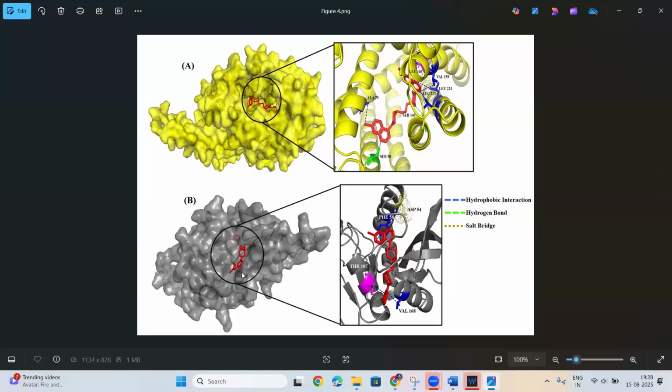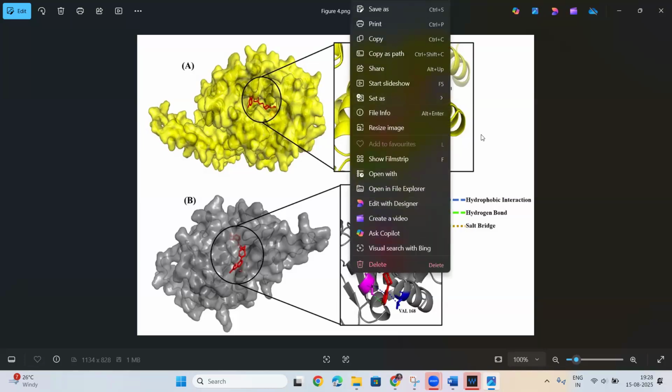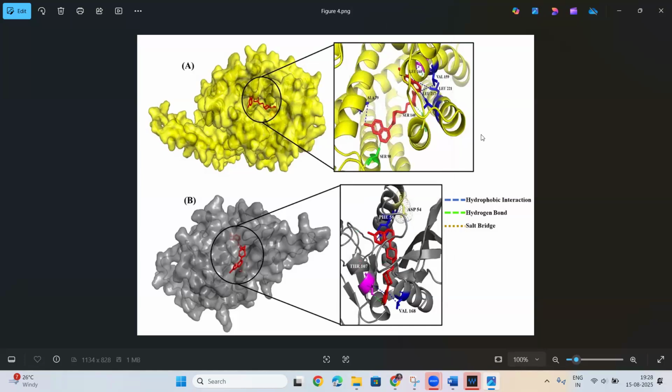But in your case, if your protein is the same and only the ligands are changing, you can follow this way. Yes, sir, I'll put this image in the group list. Yes, sir, I'll try doing it this way.